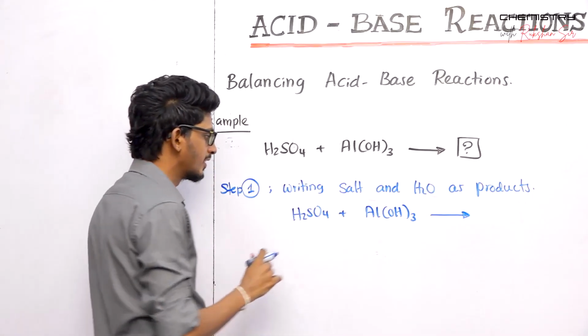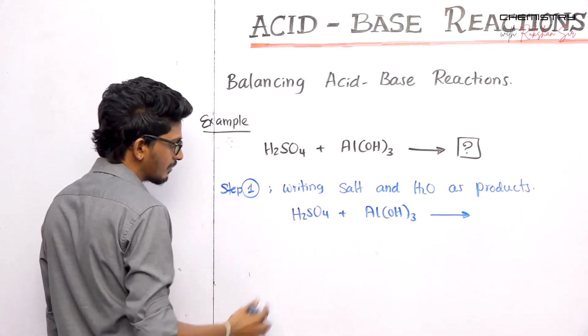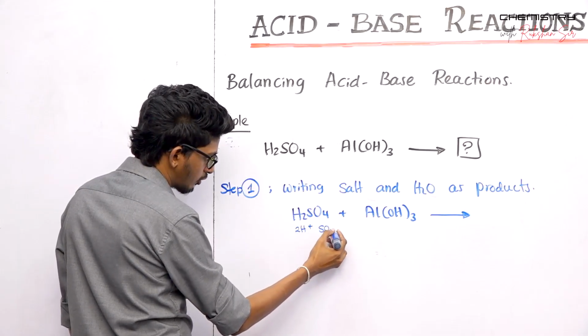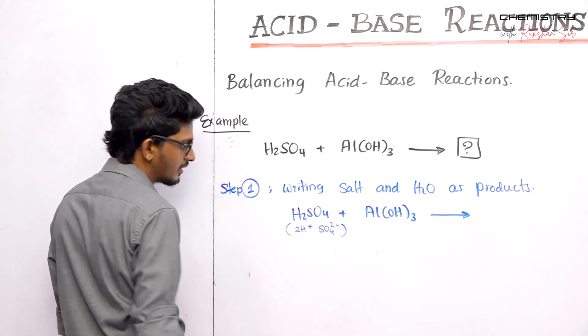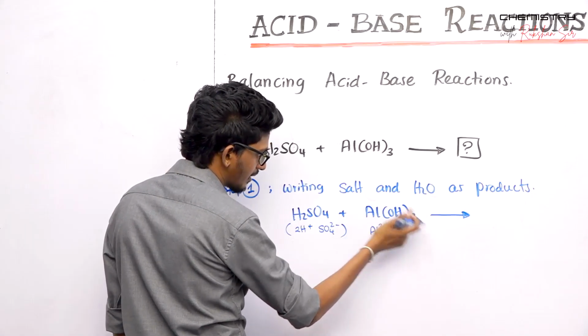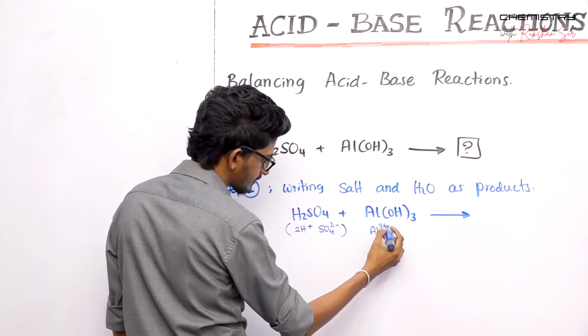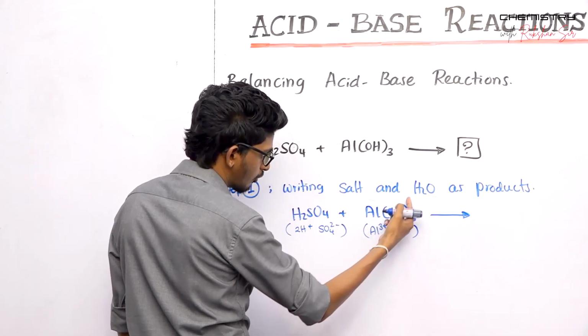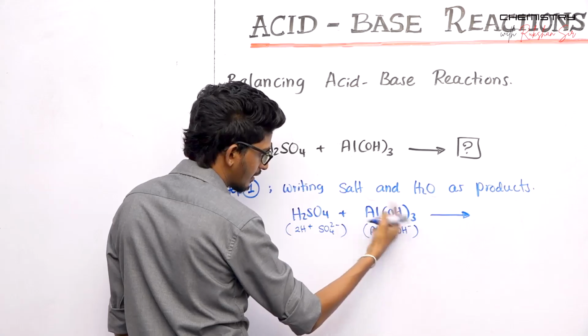First of all, identify the ions of the acid and the base. Here we have 2 H plus and SO4 2 minus. Those are the 2 ions. For the base, the 2 ions are Al3 plus and OH minus, 3 OH minus with Al3 plus.